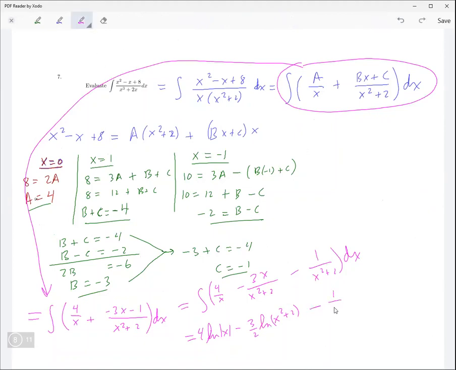That's 1 over A, inverse tangent of x over A, plus a constant.